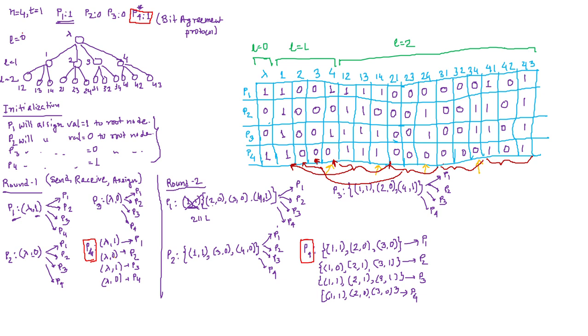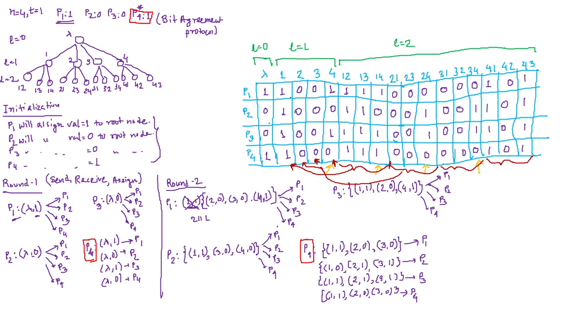Now for the root node, this level 1 step is done. So after the new value assignment of level 1, all the values are unchanged for P1, but then the majority of all the level 1 nodes will be the final value at the root node. In case no majority is found, like in this case where 1, 2, 3, 4 contain 1, 0, 0, 1, neither 0 nor 1 has a majority count.